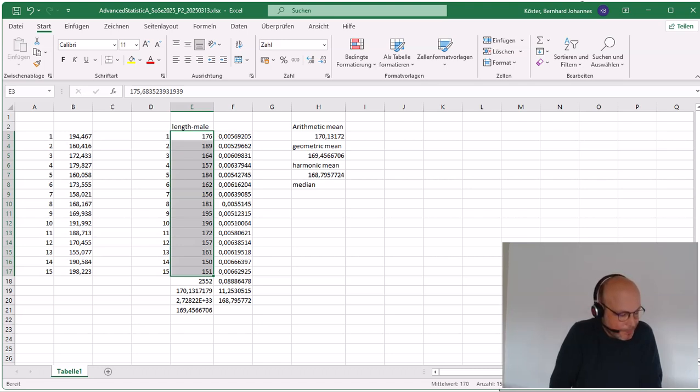Anybody else? Well, if you only know what it is, but you cannot calculate it, then you have a problem. So you would just feed in the data in SPSS or something like this and then press enter. What would you do?